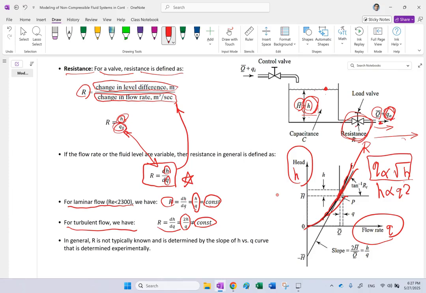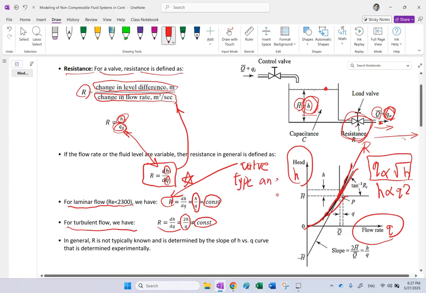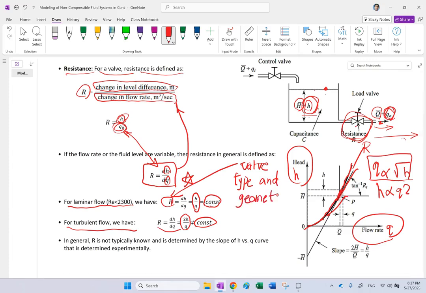So this R is determined by the valve geometry and type. And the other thing is how much the valve is open. Is the valve open all the way, or is it just partially open?